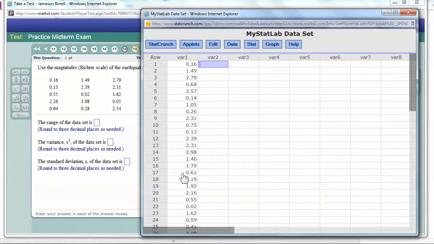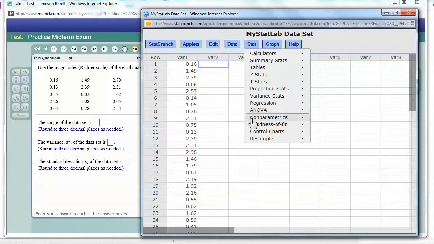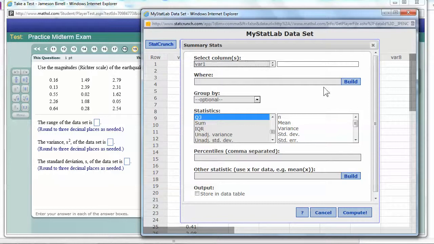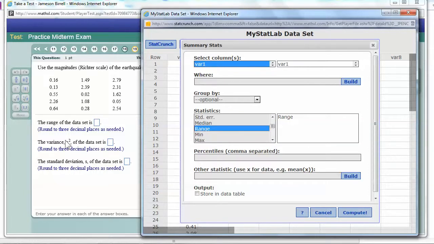So we put the numbers in either to our calculator or Excel or StatCrunch or whatever tool, and we're not going to really bother with all the calculations here. We should understand the calculations enough so that if there is a mistake made, we can spot it. But I'm just going to make sure, since they want, go through the list here, they want range, and I can get range directly. They want variance.